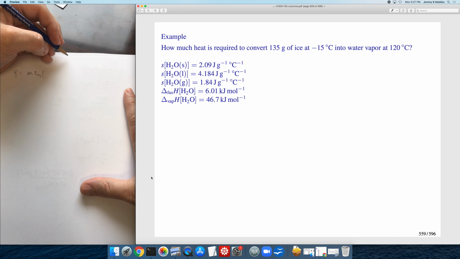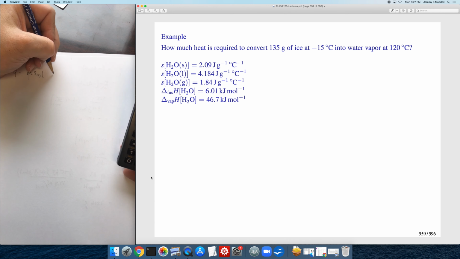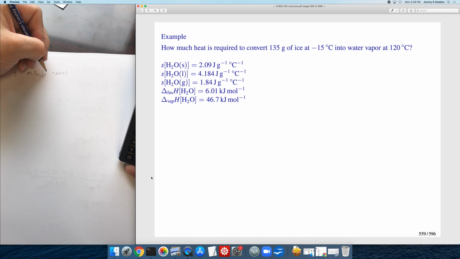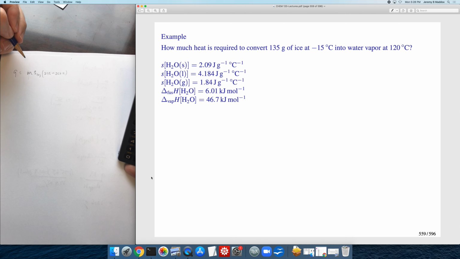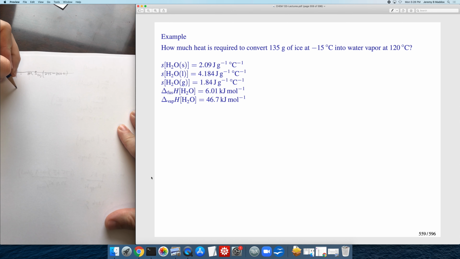So we're going to go from negative 15 degrees Celsius as our initial temperature of 258, and we're going to heat that up to the melting point of water, which is 273. So this is mass times specific heat times the temperature difference. You know what, maybe I'll write it symbolically first. That'll make it a little easier.